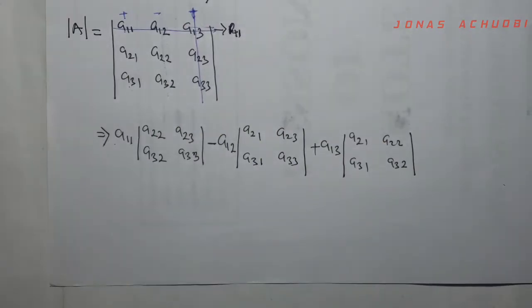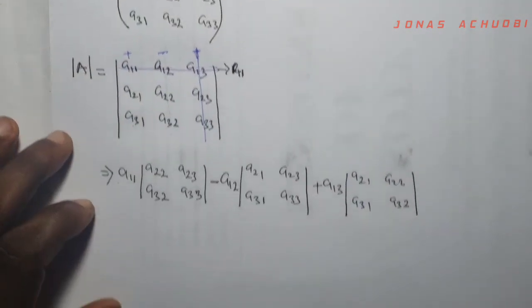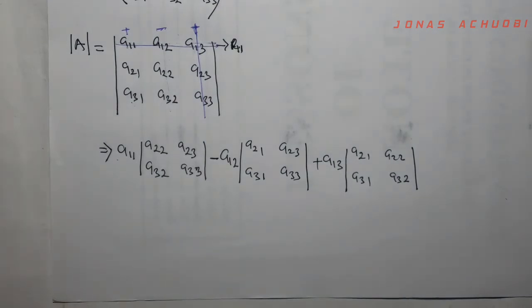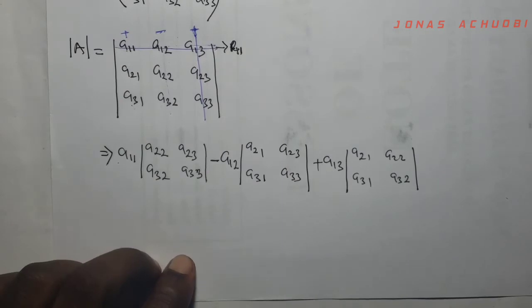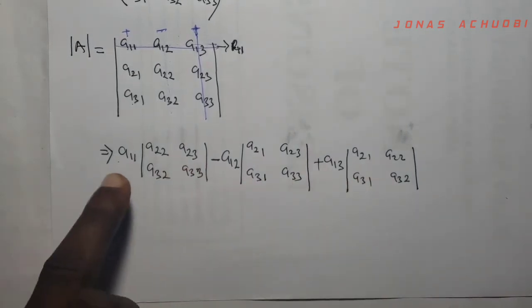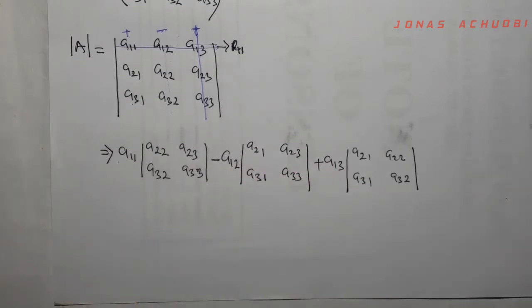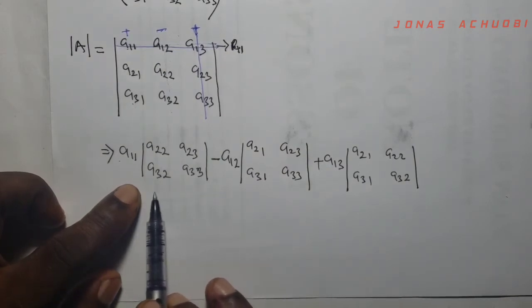I shall make more remarks on this sign. So what do you observe? The determinant we had here was a 3 by 3 determinant, and what we now have are 2 by 2 determinants in 3 places, alongside some numbers on the left to multiply by. This determinant has a name.